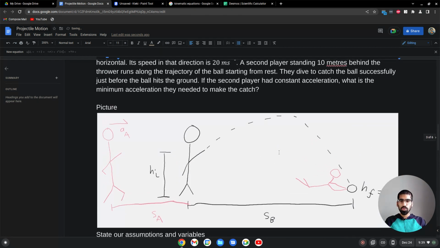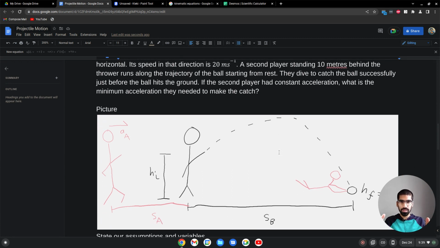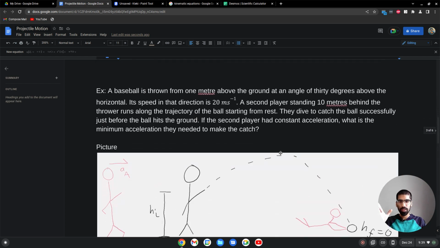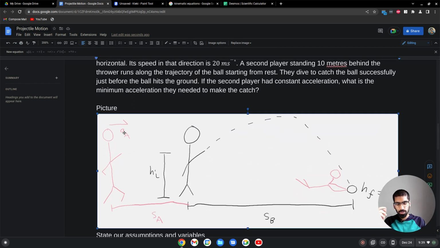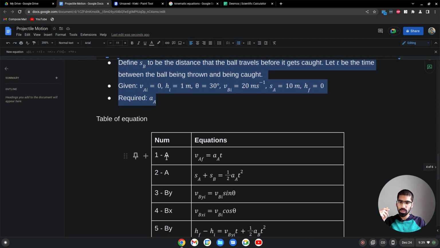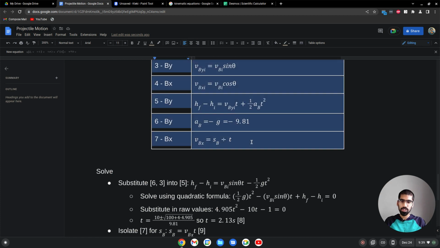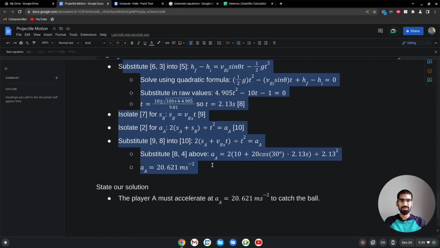Okay, so this was a little bit of a more involved problem, but with the key ingredients, you saw that we were able to figure it out, right? The key ingredients from last time were to draw a picture, to state some assumptions and variables, to brainstorm a table of equations, and then the messy solution part as ever, math.